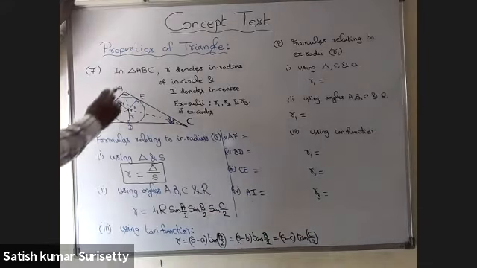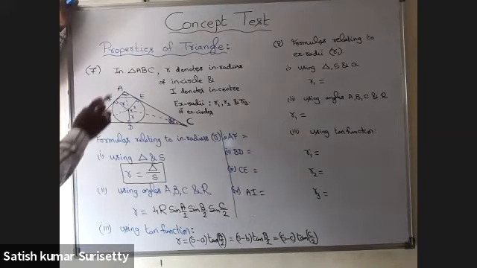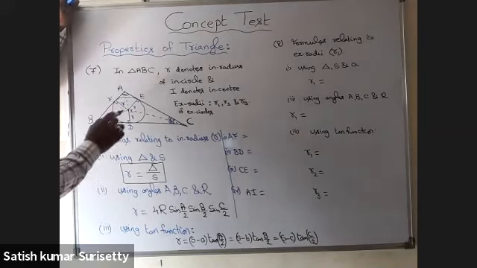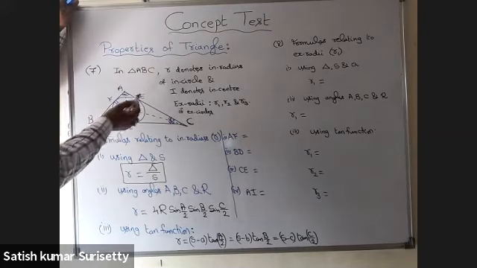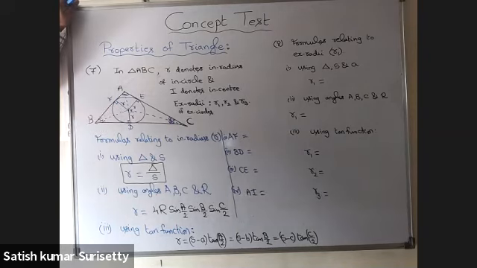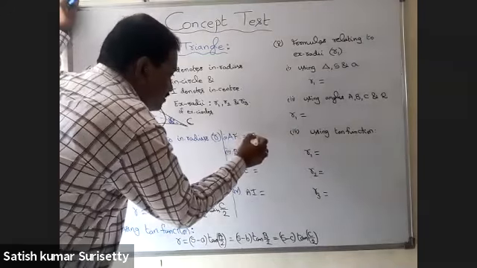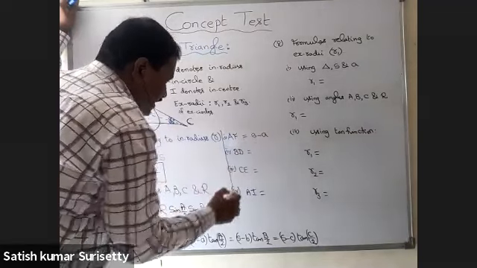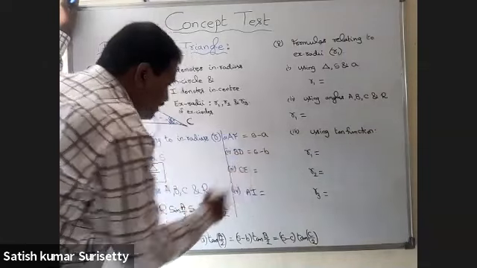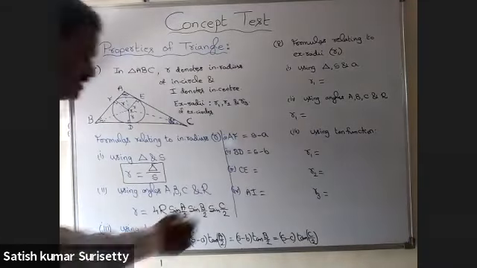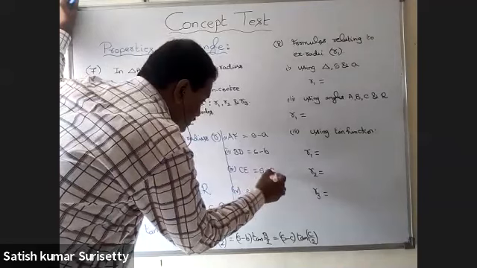Next, in this figure, triangle ABC, AI, BI, CI are the angle bisectors, and ID, IE, IF are the perpendiculars to the sides from the incenter. Then the length of AF is s minus a, length of BD is s minus b, length of CE is s minus c.